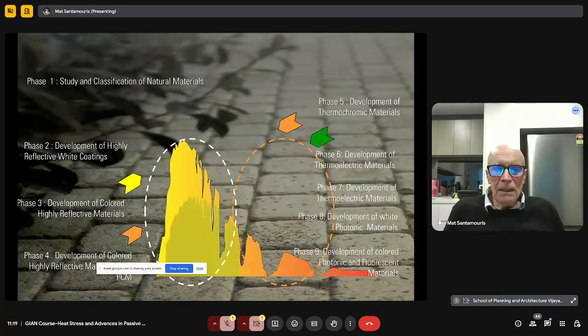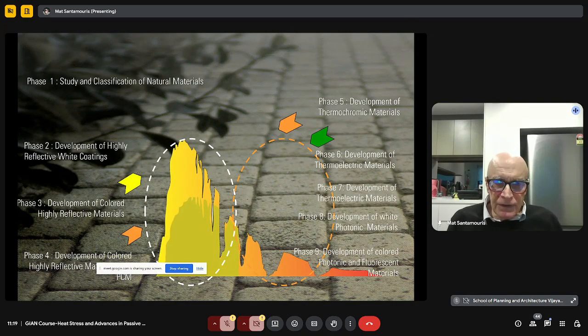So, since we have understood that the temperature of our cities is increasing, we have started to develop materials which aim to decrease the temperature in the urban environment. And of course, this is not done immediately. We started 30 years ago by studying the different natural materials.